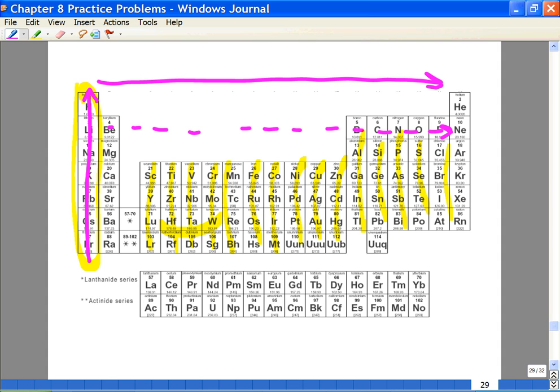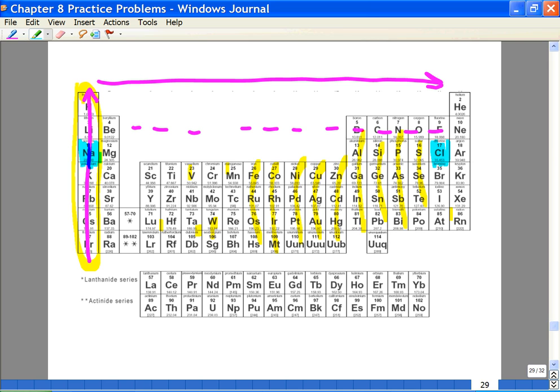So, having said all that, I'm going to go through one of these for you. I'm just going to use a different color. Let's identify where these elements are. Sodium is right here. Chlorine is over here.